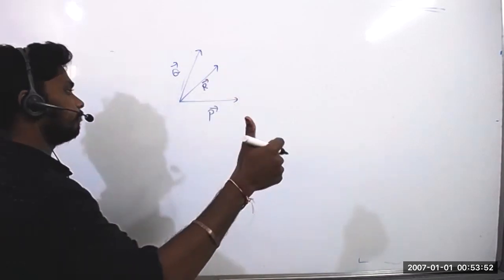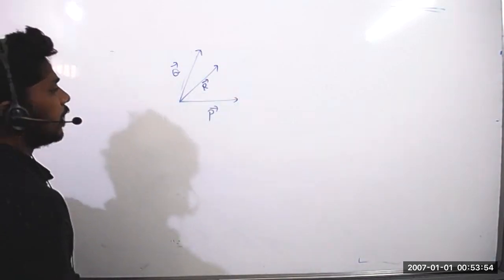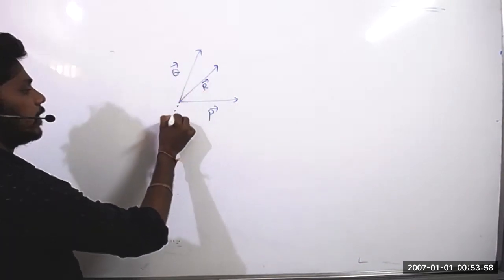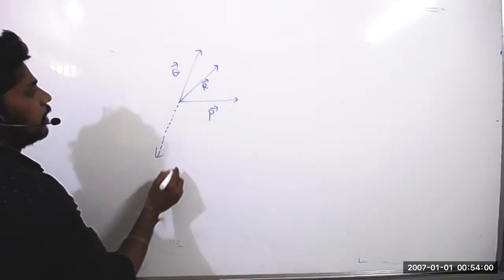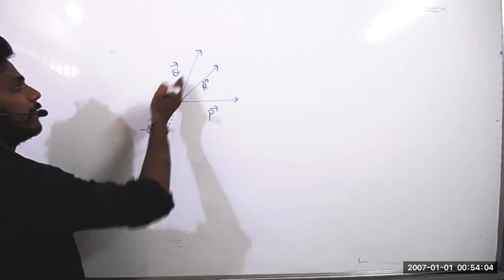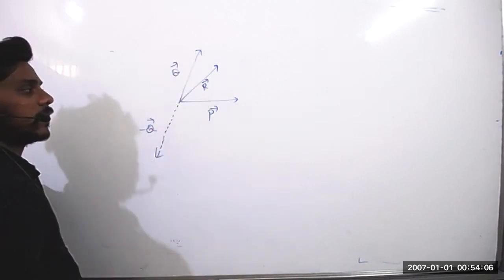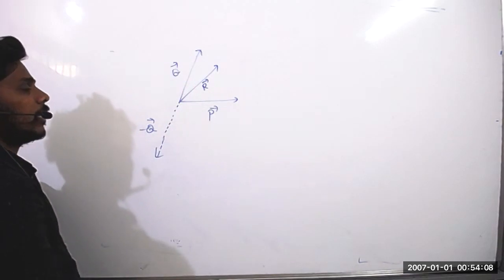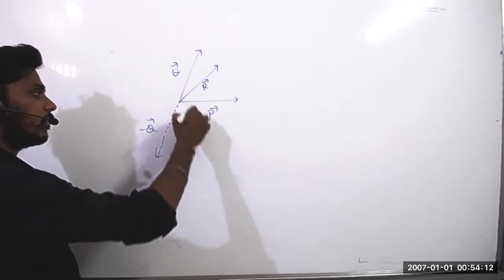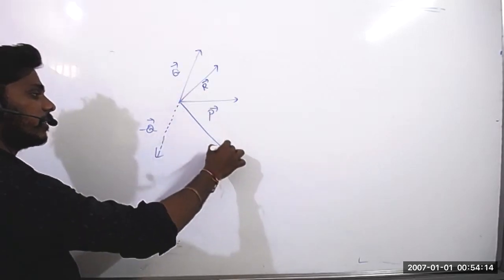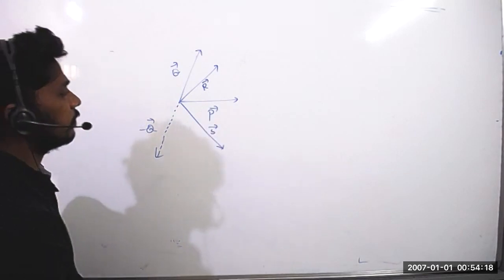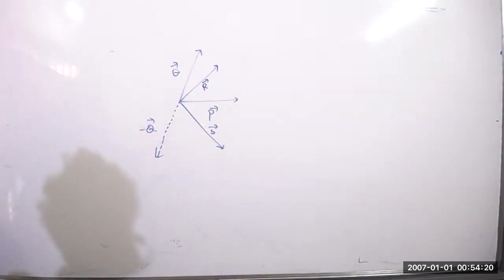Now what I am doing, this Q I will give in the negative direction. This is negative Q. If it is positive, this is negative only, opposite direction. Now the resultant of these two will be here, negative R bar, downwards. Take it as S bar.